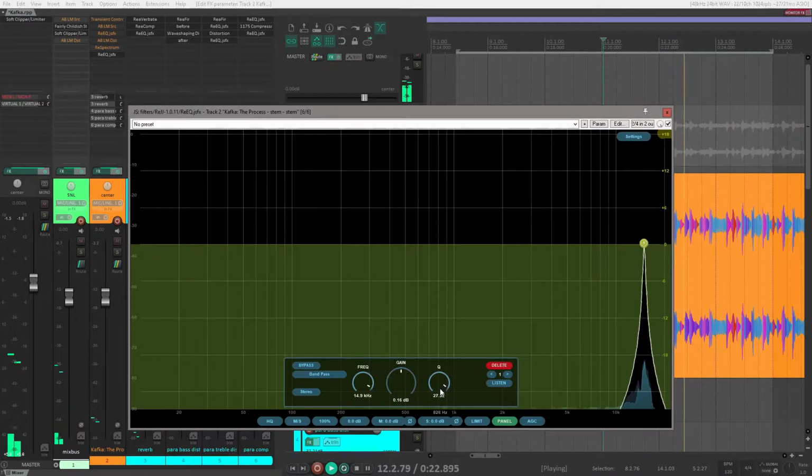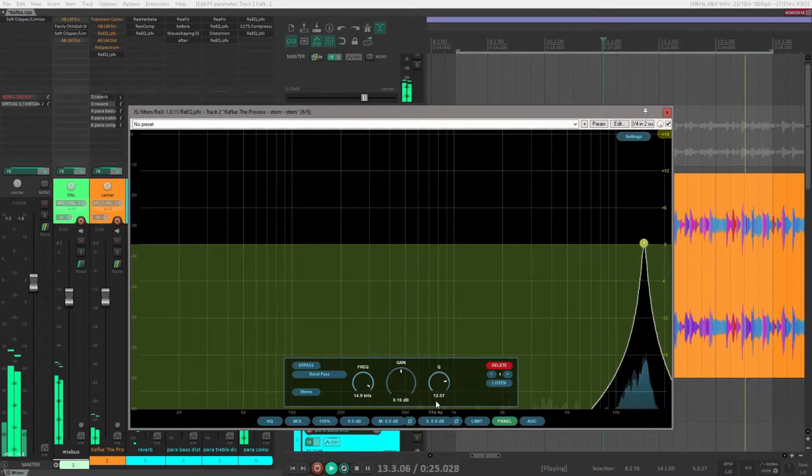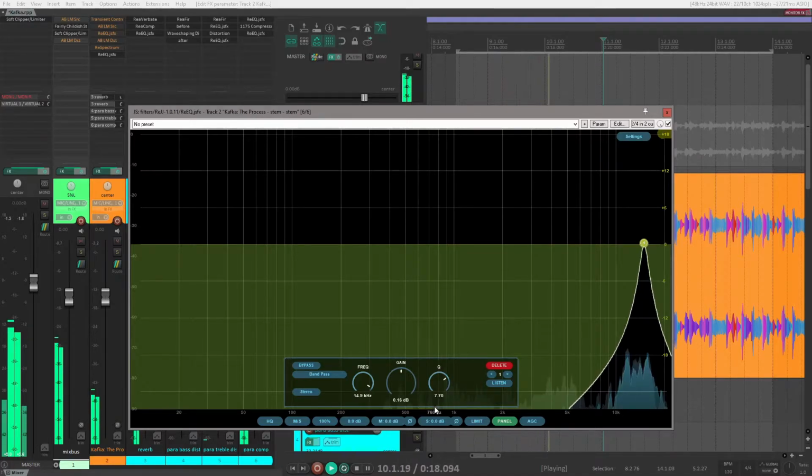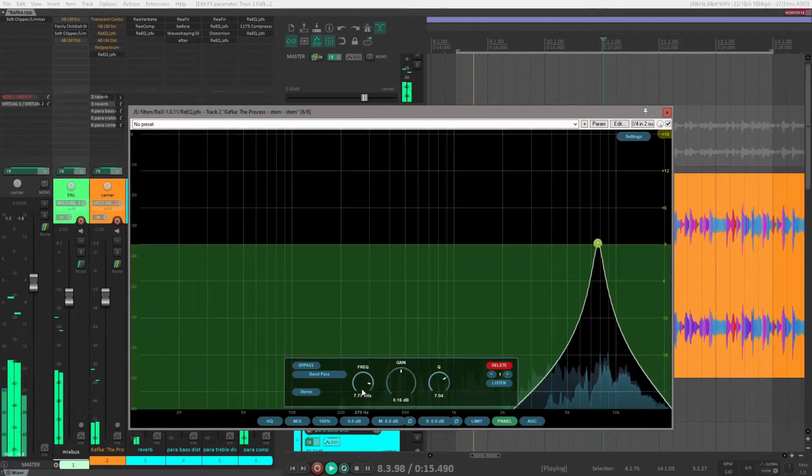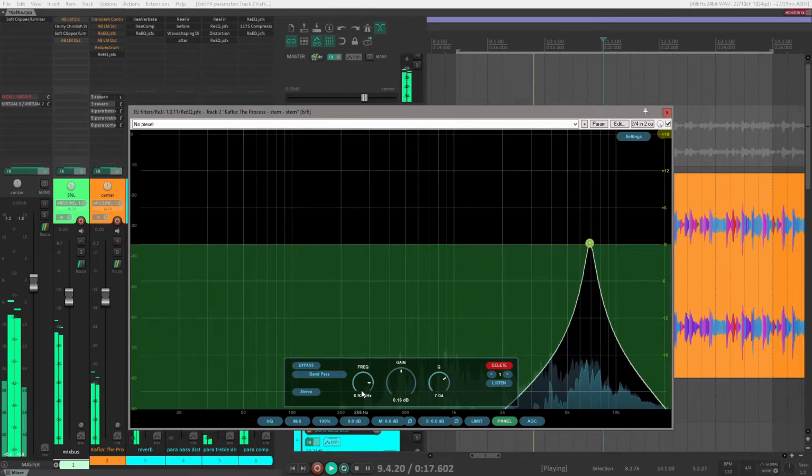So let's make the area a little bit broader and see the different qualities of sound that are in there. You can actually hear the breathing quite well over here, and the raspy attack of the transient.